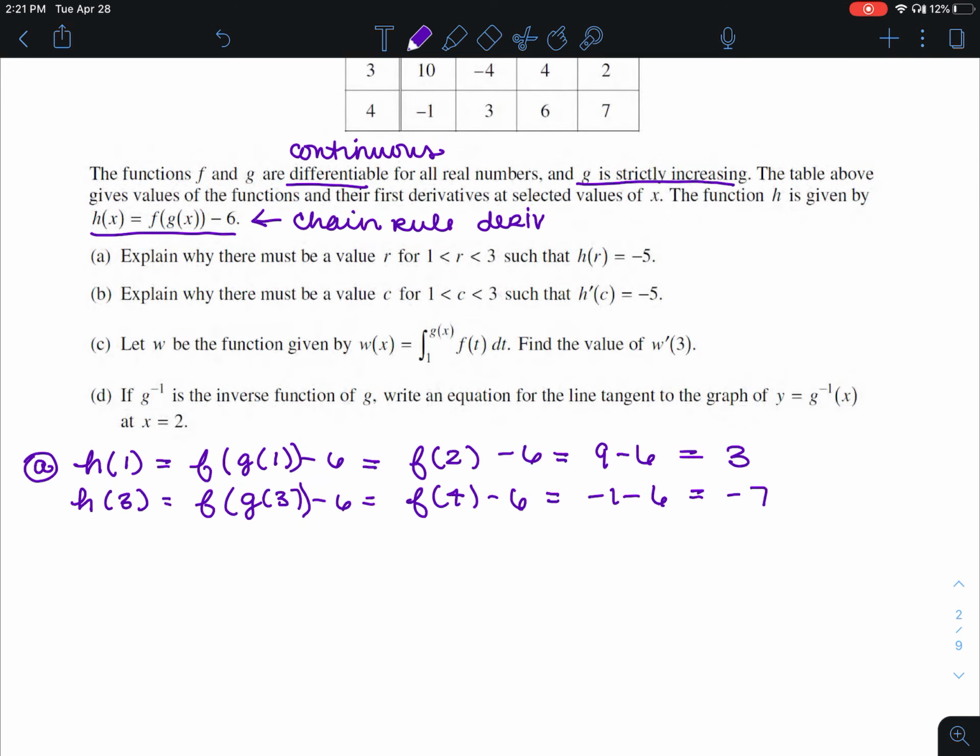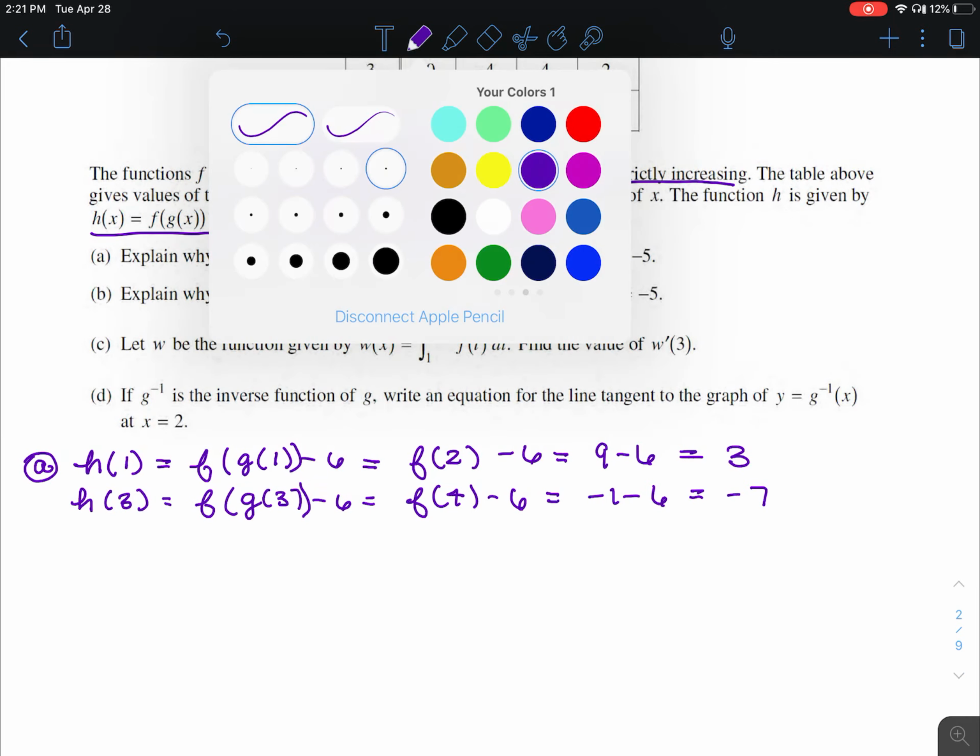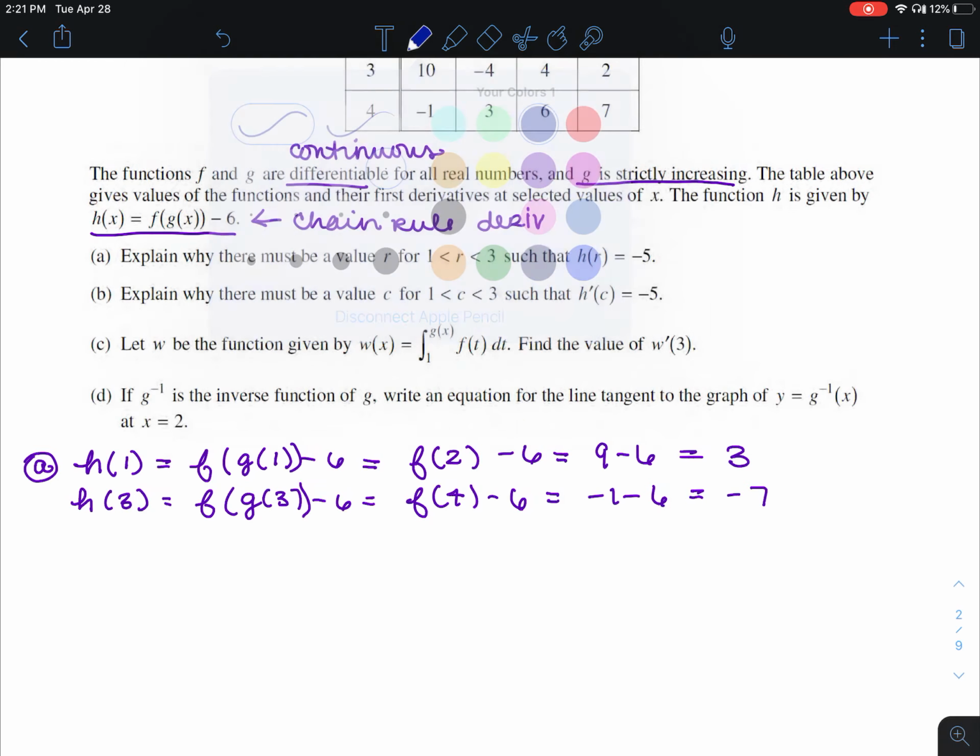Okay, so the first part is making sure that we can figure out h of 1 and h of 3, which is simple substitution.